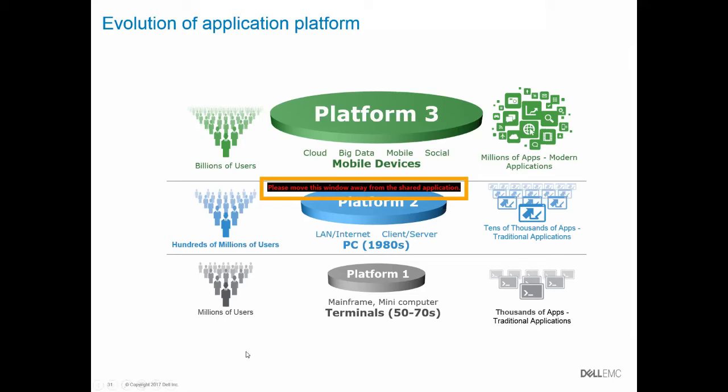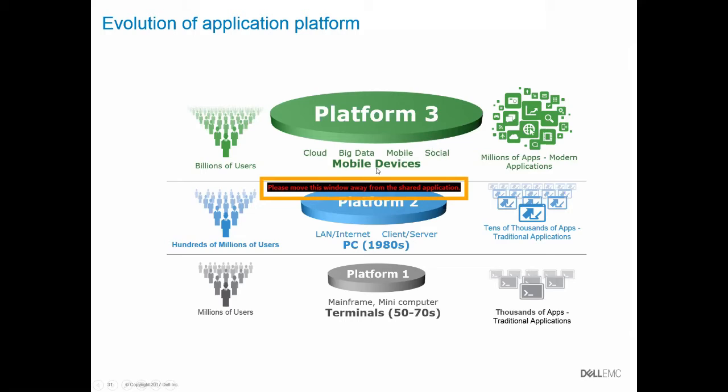At the same time, the number of users also increased. When it comes to the PC platform, you had the local area network or the internet, and they follow the client server architecture.